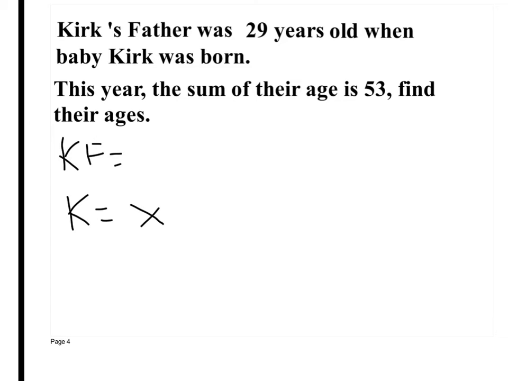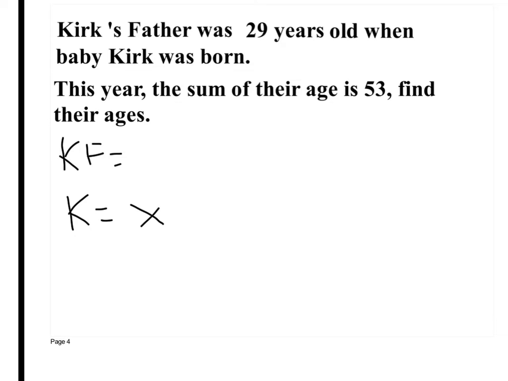But you do know, because let's think about it. If Kirk is 1 year old as of today, how old is his father? 30. If Kirk is 10 years old, how old is his father? 39. His age does change with years, just like yours does.